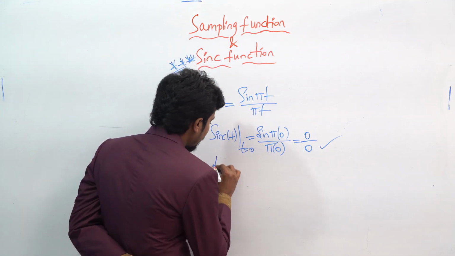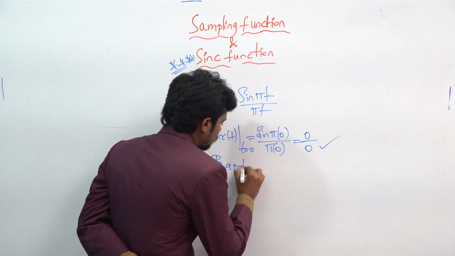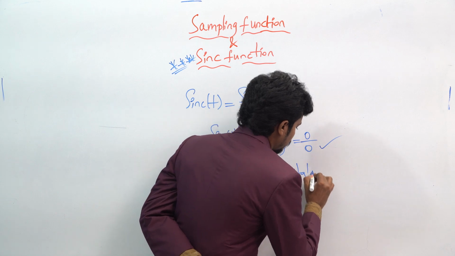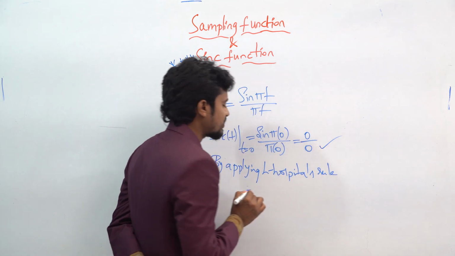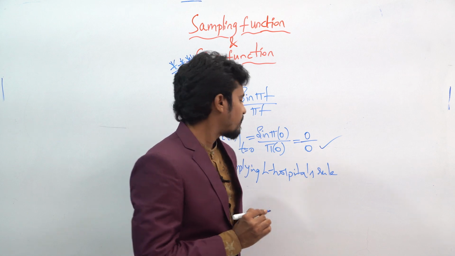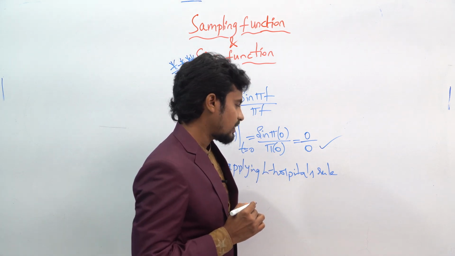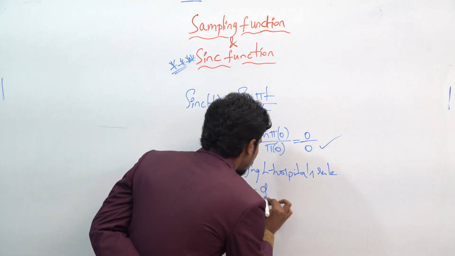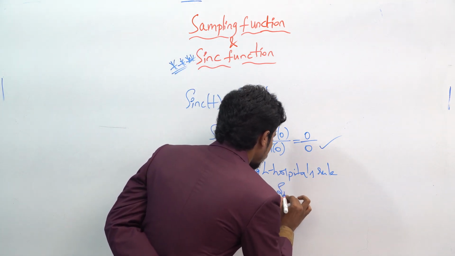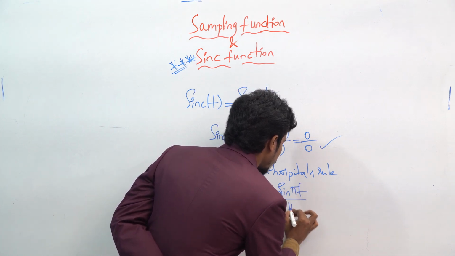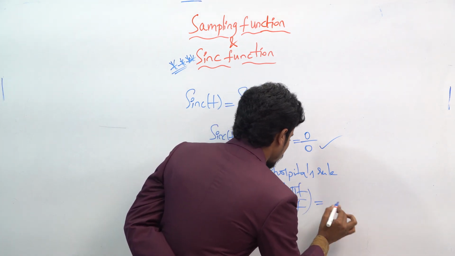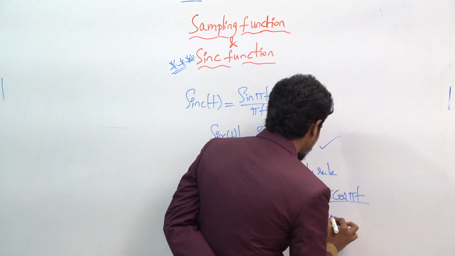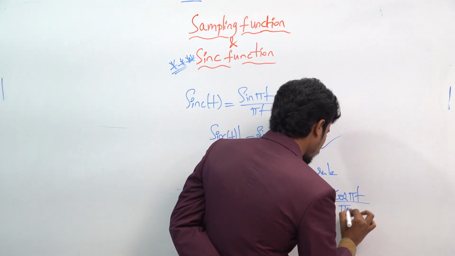For example, by applying L'Hospital's rule, which you already know very well from the mathematics subject, you just have to do the differentiation. That will be d by dt of sin pi t divided by pi t. So this becomes pi into cos pi t divided by pi.